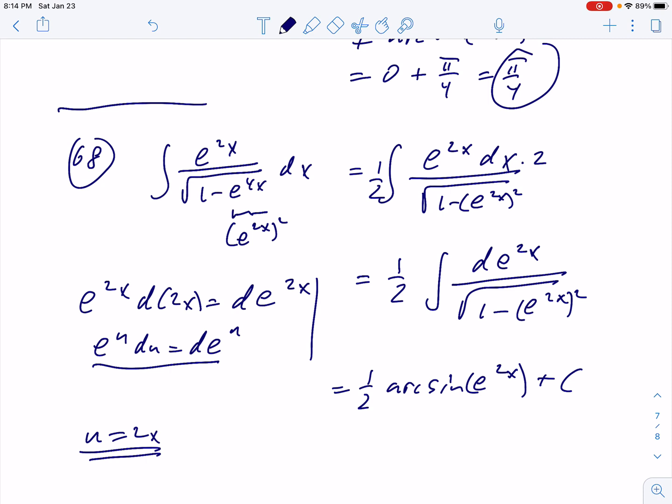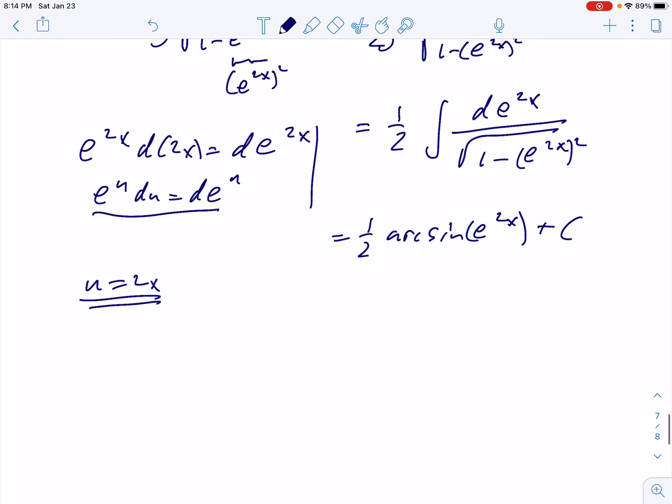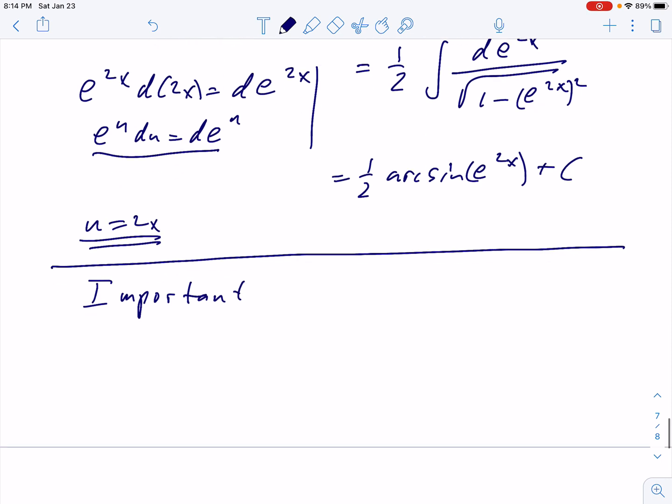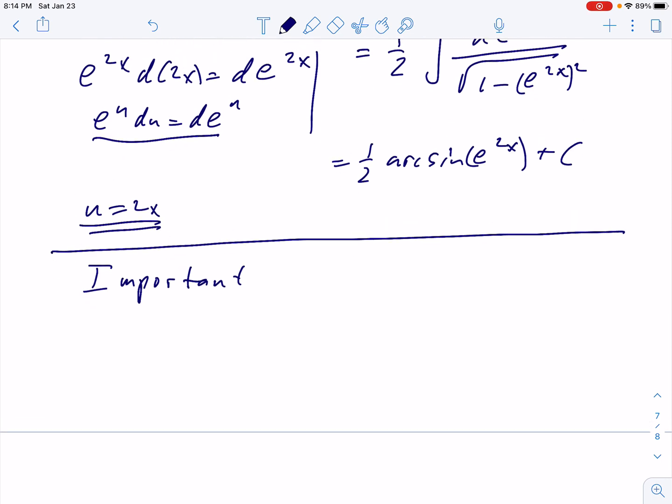Now, to finish today's lecture, I want to mention some important integrals, because we often meet such integrals. Like, what if we have integral 1 over a squared plus x squared dx?